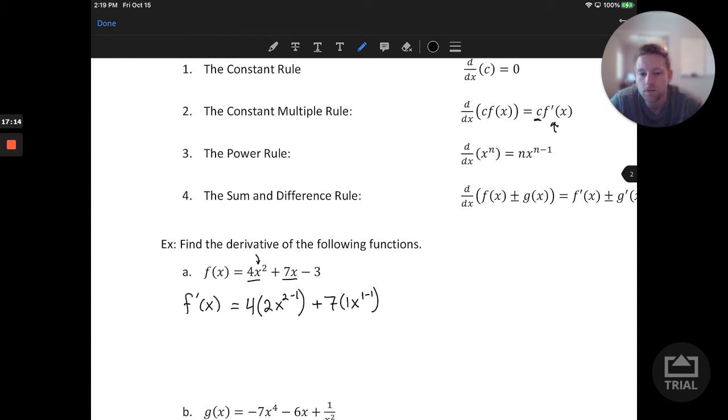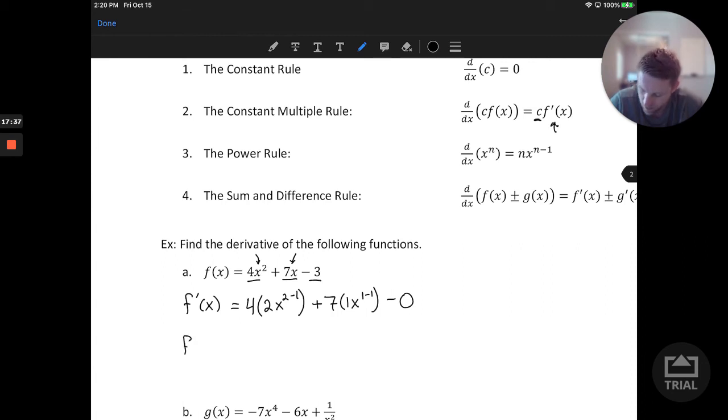So whenever we have a linear term like this, the derivative is simply going to be that constant. And then the last term, if we take the derivative of negative 3, the constant rule comes into play, and that's just going to be 0.